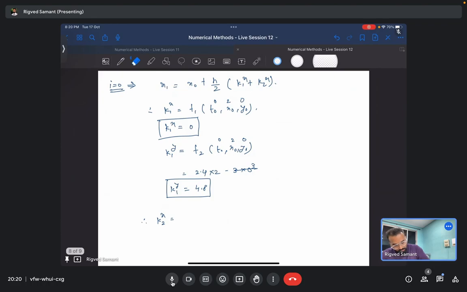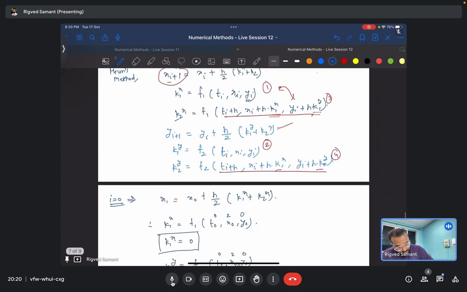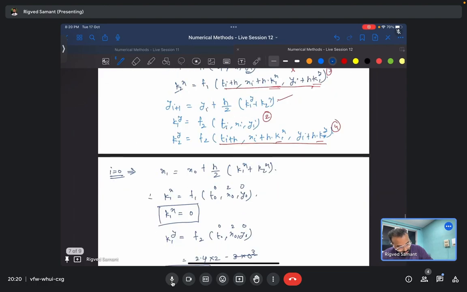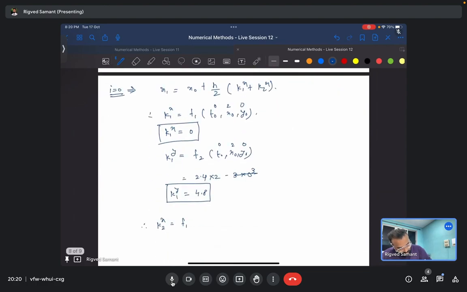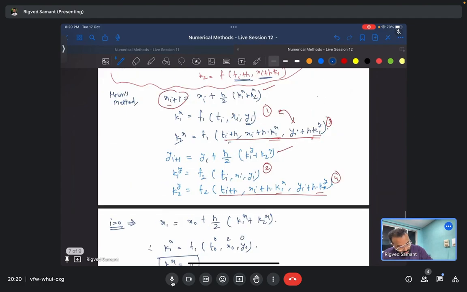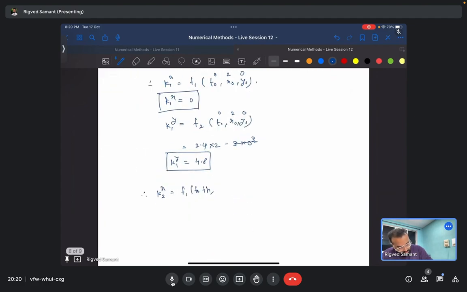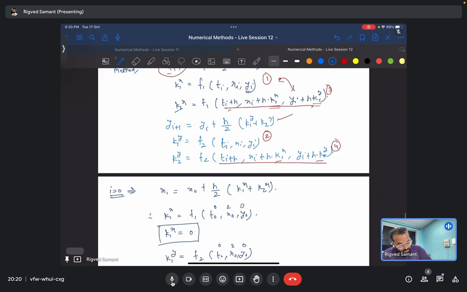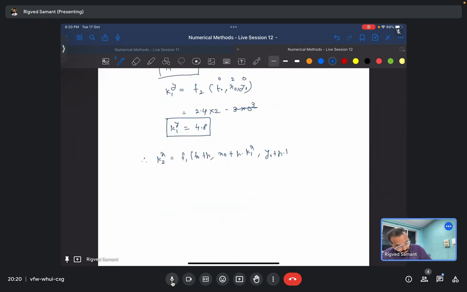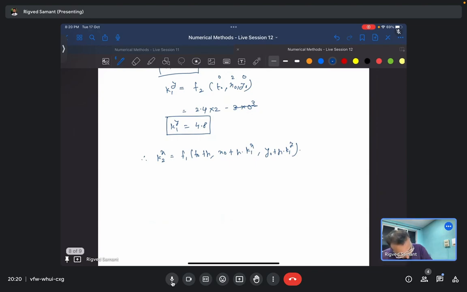Therefore k2x is equal to f1 of, at i equal to 0, t0 plus h, comma, x0 plus h into k1x, comma, y0 plus h into k1y. What is t0 plus h? 0 plus 0.25, right? No, h is 0.5 here.